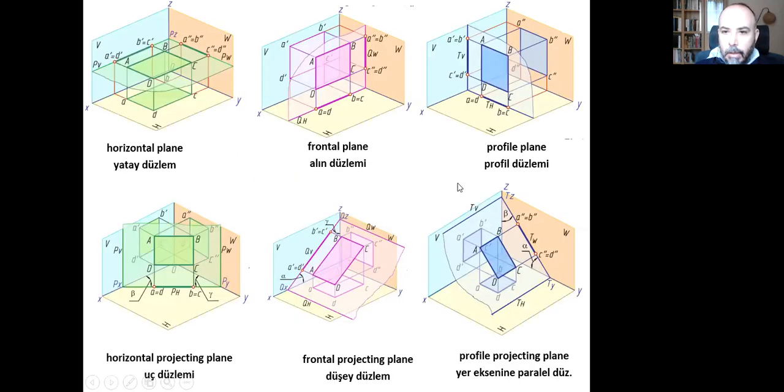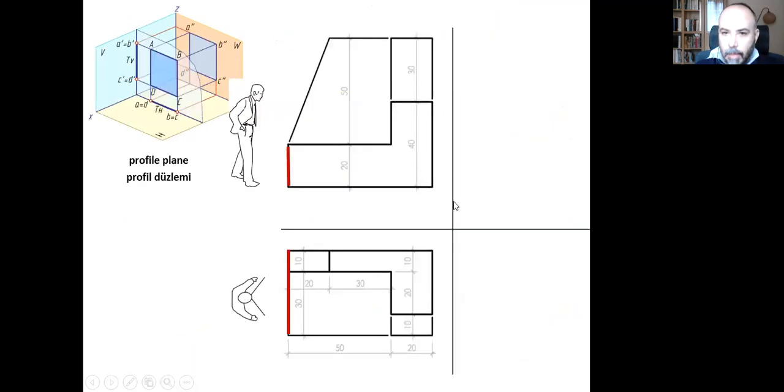How can I understand? Let's check these types of planes and let's try to understand if it is a plane. Let's say that it is a profile plane, then in its front view, I will see a line. In its top view, I will see another line. However, in its left side view, I will be looking at the plane itself. So probably this is a profile plane.